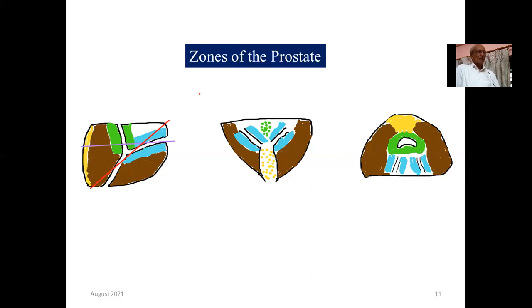In that case, it will become highly enlarged. Some people call it hypertrophy, but most consider it as hyperplasia. You have to find out the distinction yourself and get a better idea from the clinician. Benign prostatic hyperplasia. That is from the transitional zone.